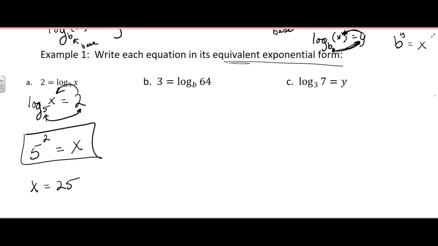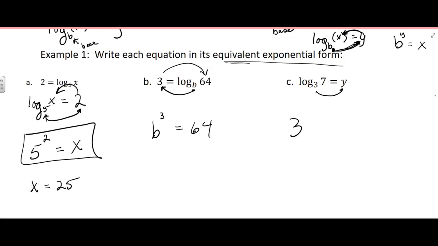Now this time I won't switch it. We'll just make our snail face the other direction. You're going to start with the base, b. You're going to go over here and get the exponent, 3. And it's going to equal the argument, which is 64. It's not super complicated, but it does take a little while to get used to it. You start with the base, always start with the base, 3.